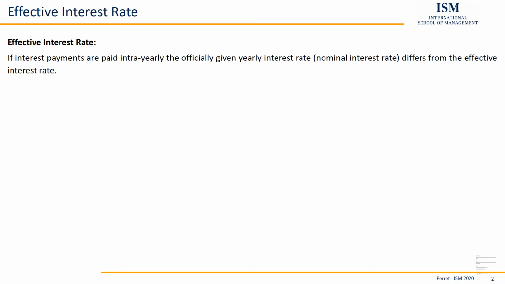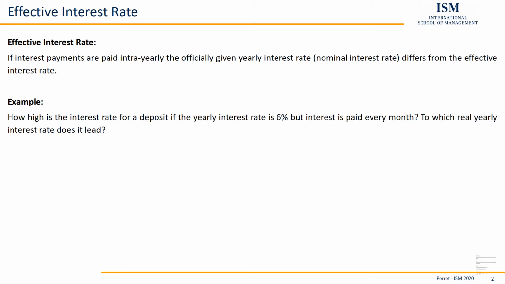So here we have interest paid, as I said, intra-yearly. Could be monthly, quarterly, weekly, whatever. And we can take a look at this topic with an easy example to start with.